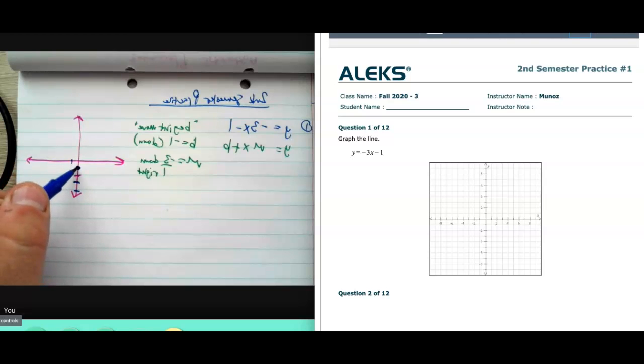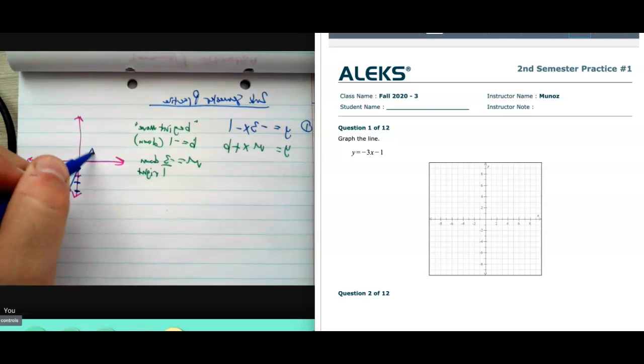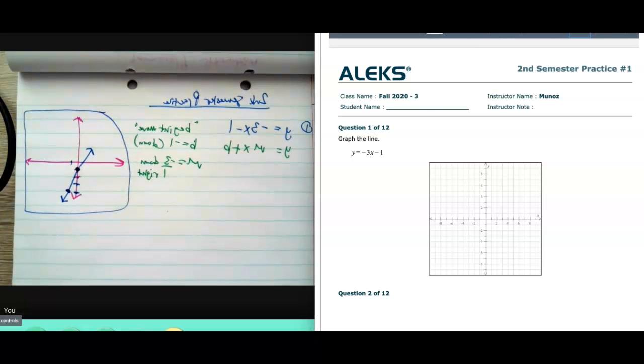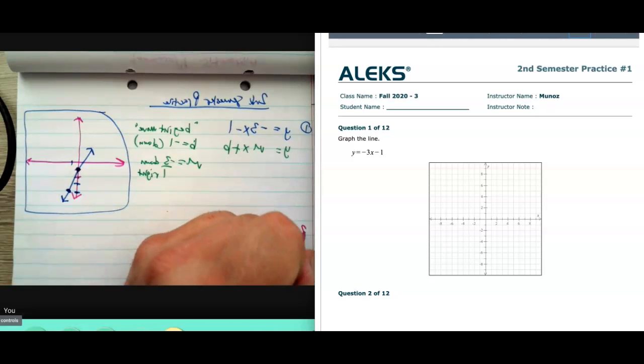Again, begin down 1, and then move down 3, right 1. Hopefully you remember that from closer to the beginning of the semester, but either way, you only need those 2 points to draw the line. So that's all you have to do for the first one. Begin and move, right? If the equation is in the form y equals mx plus b, that's not too bad.